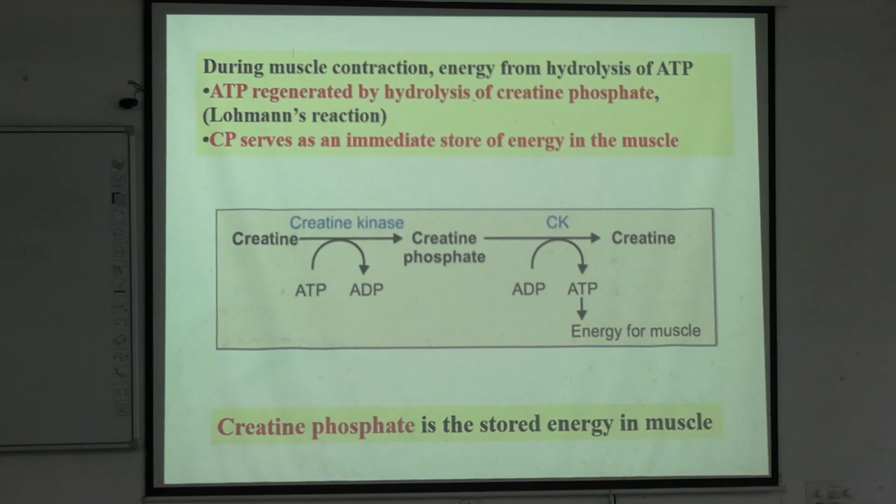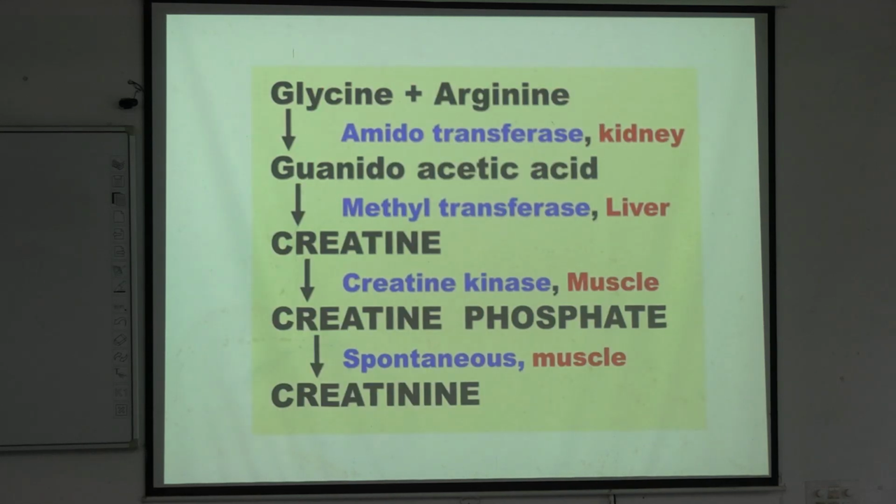This is called Lohmann's reaction. Again, if you require, it can be converted back, creatine to creatine kinase. So the energy which was stored there is now getting released. Creatine phosphate is a stored energy in the muscle and acts as a ready source.